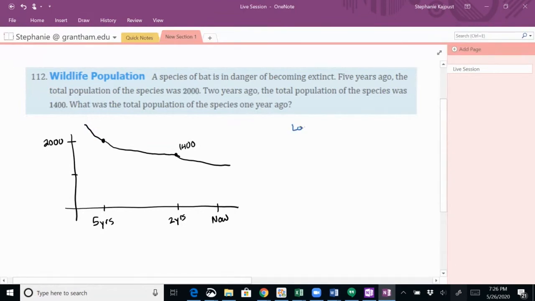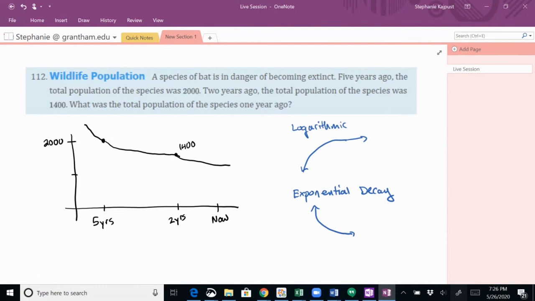Logarithmic graphs generally look like this, so that doesn't quite match our picture. So that is why I'd say this is probably exponential decay, which is decreasing, looking something like this.